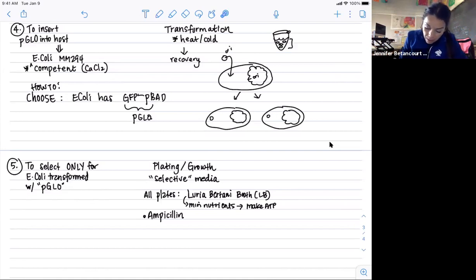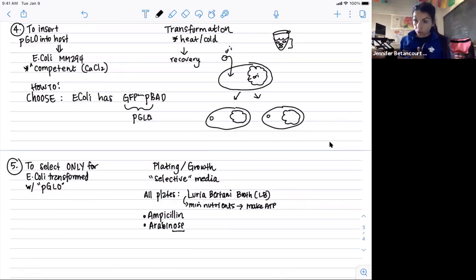Another thing that people are saying we need to put on some of the plates is arabinose. You can tell by the suffix that arabinose is a type of sugar. This sugar is going to provide some sort of clue for the scientist.